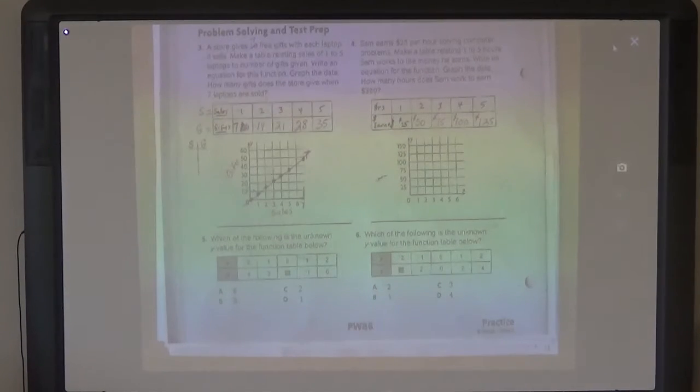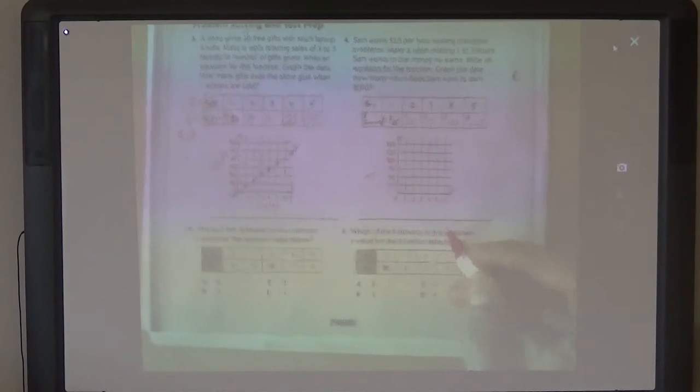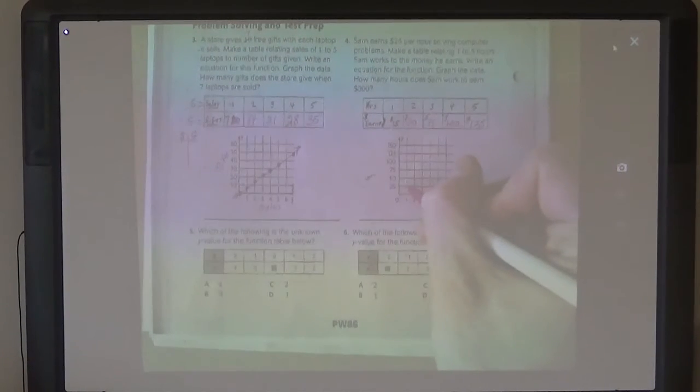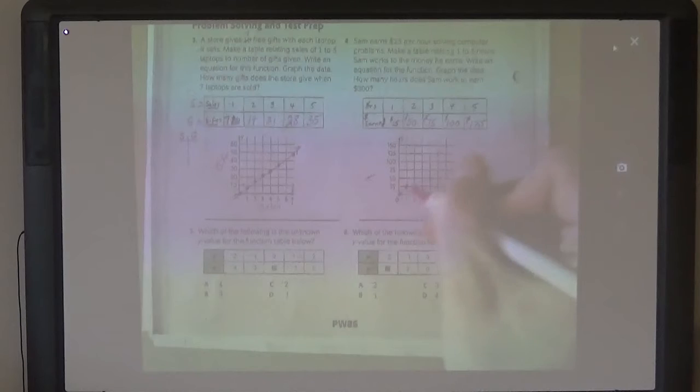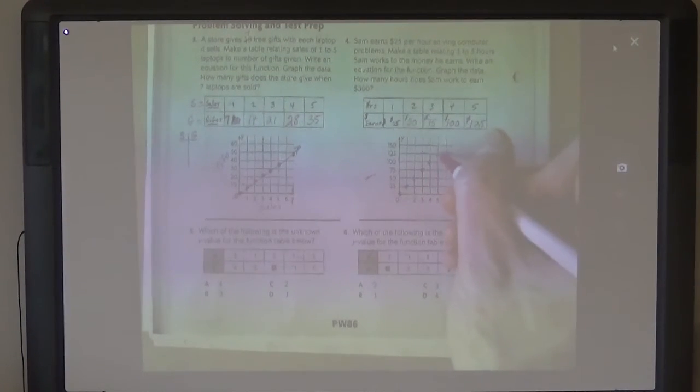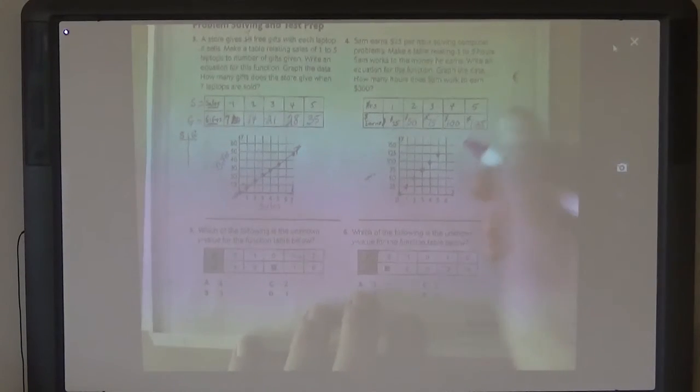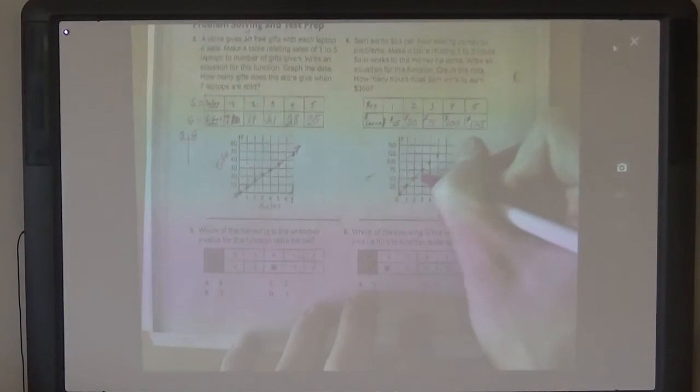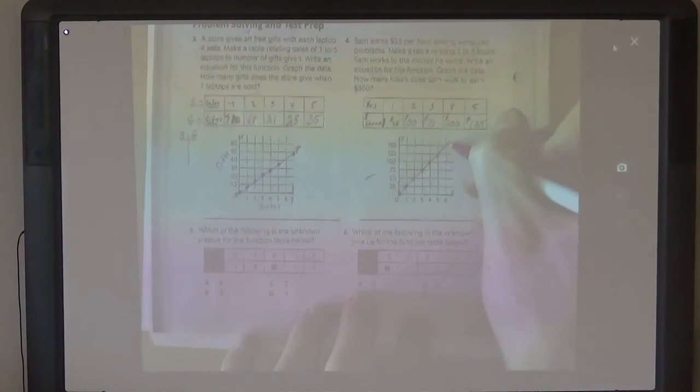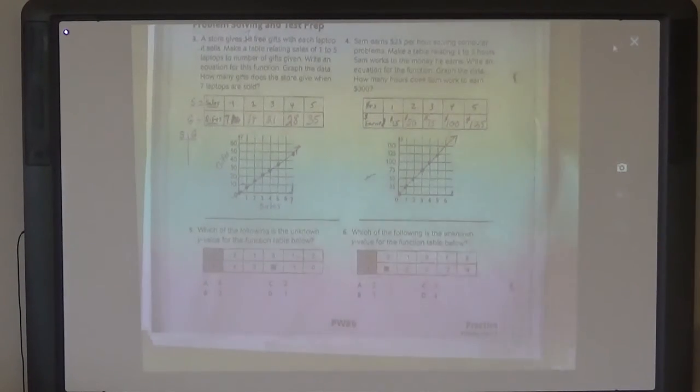Then graph the numbers, draw the line, and then answer the question.